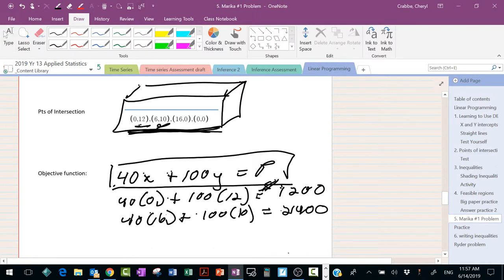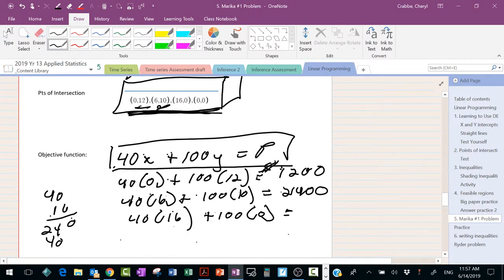And then I'm going to test 16 and 0, and figure out what that is. 40 times 16 is 640. I don't need to test 0, 0, that's just silly, but you would test all your points of intersection.